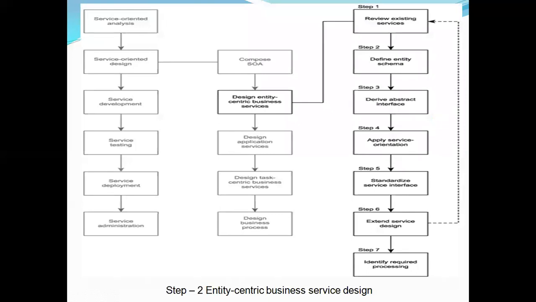So see here, the entity-centric business service is further divided into 7 important steps. These 7 important steps are: review existing services, define entity schema, derive abstract interface, apply service orientation, standardize service interface, extend service design, and identify required processing.